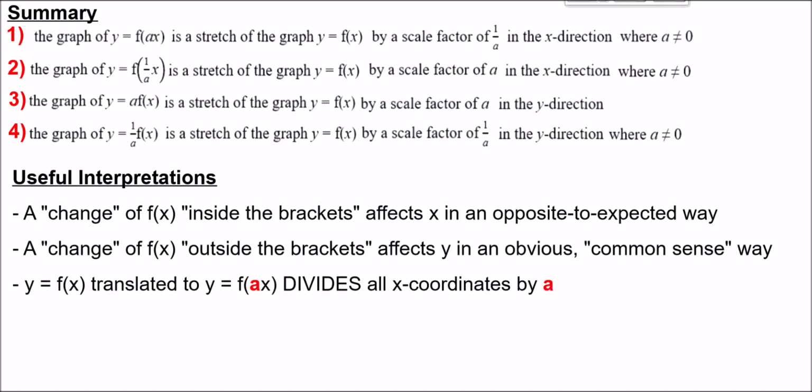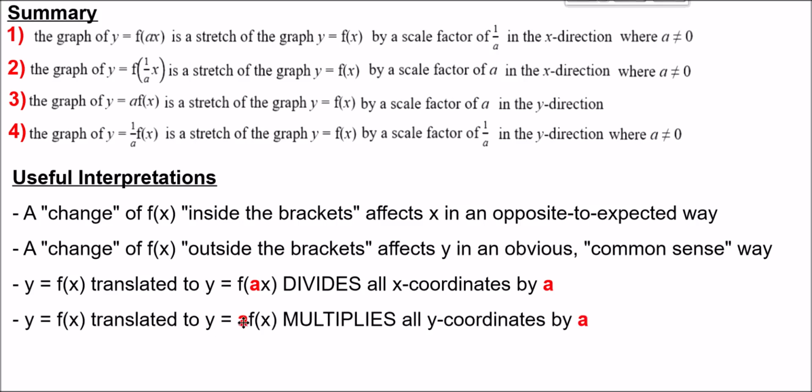On the other hand, if we have y equals f of x being translated to y equals a f of x, that multiplies the y coordinates, as it looks like it's doing, the common sense way of thinking about it, because it's outside of this bracket, by this factor a. And so that's a more colloquial, yet perhaps more useful way of thinking about things. So if you'd like to, feel free to make a note on that.